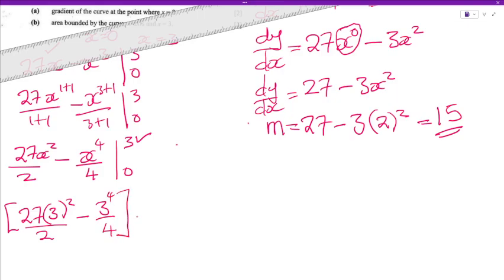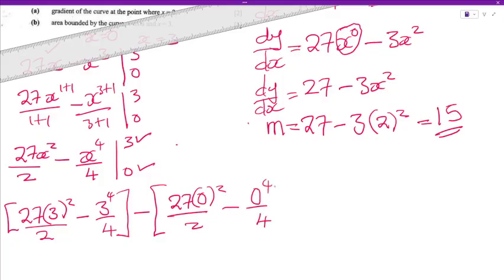That's the first bracket. Minus, in the second bracket, wherever there is x, we put the lower limit, which is 0. So it's going to be 27 times 0 squared over 2 minus 0 to the power 4 over 4. Okay, you compute.